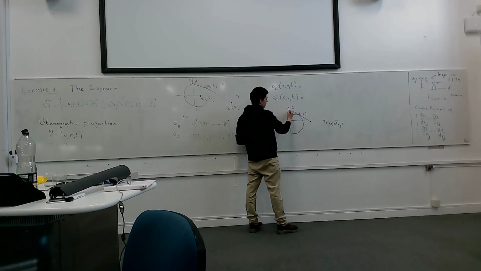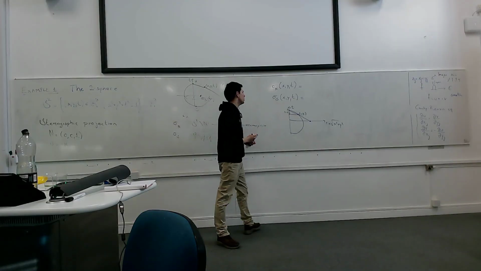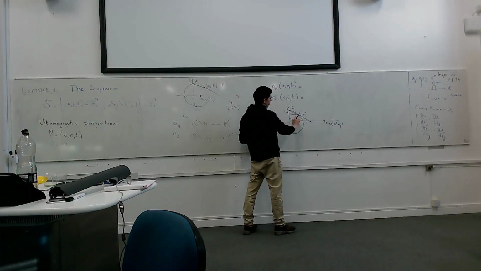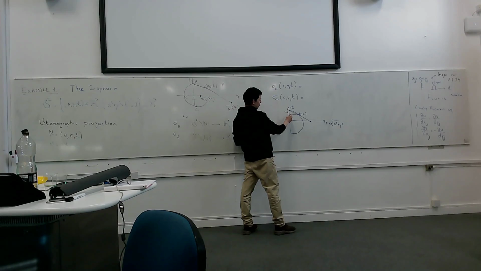If this has coordinate t, this is 1 minus t, the distance from this to the North Pole. This right angle triangle is similar to this bigger triangle, because they're both 90 degrees and they share a common angle.